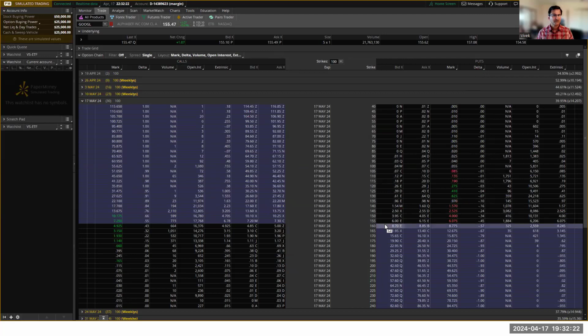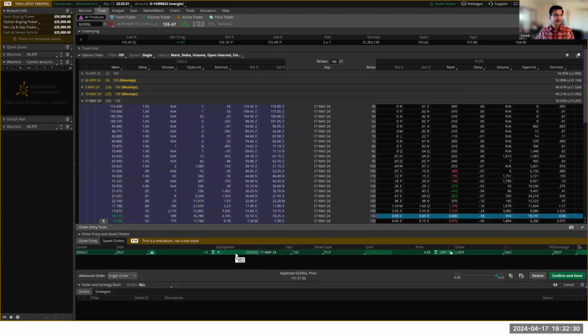And I'm going to pick whatever my strike price is. So far, we've been talking about the 150 strike price. I'll pick this. This will say I'm going to buy one contract. Symbol is Google, expiring on 17th May. Strike price 150. It's a put option contract, and this is the limit price. I'm going to enter the limit price and send the order.